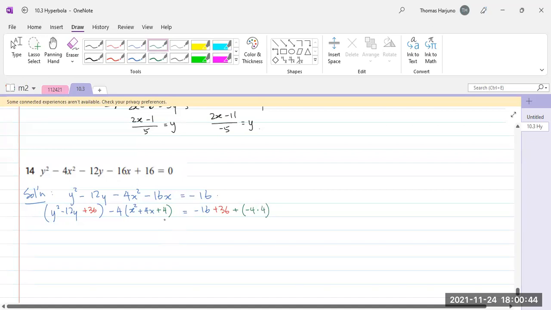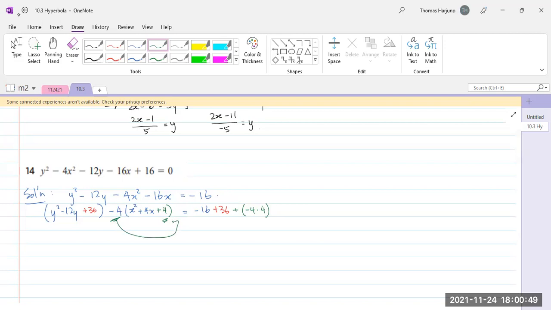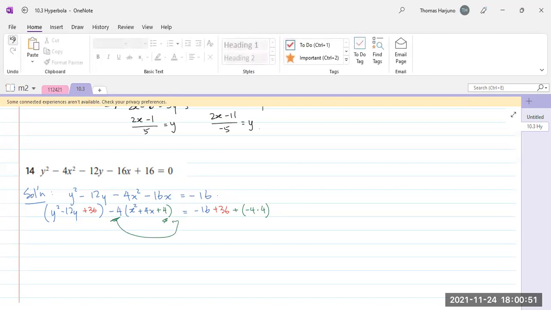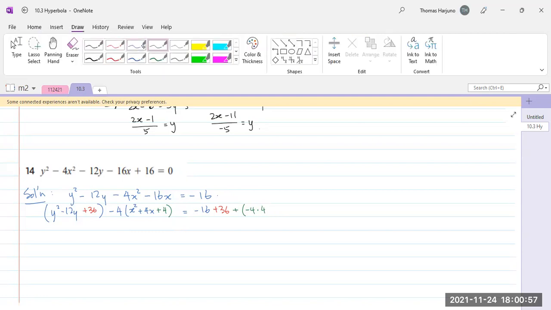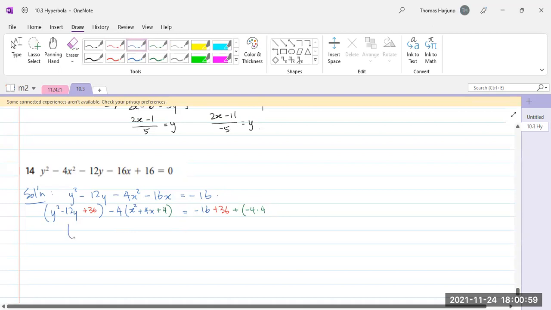So not only this 4, but we actually add negative 16. I'll put things together, then this becomes y minus 6 squared minus 4 times x plus 2 squared equals 36.